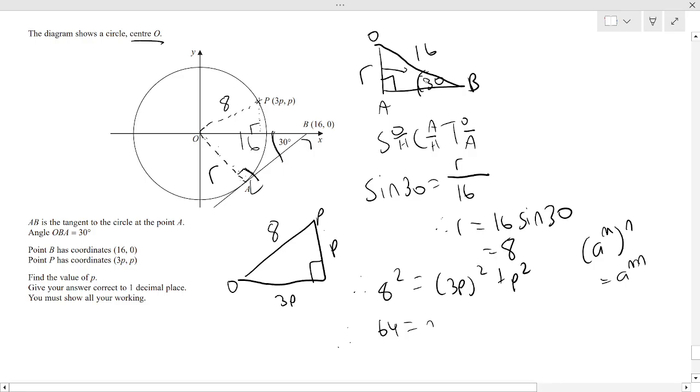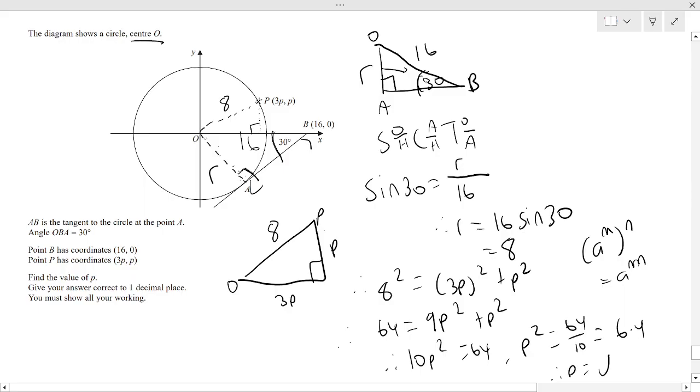So 3 squared p squared, which will be 9p squared, right? Add p squared. So therefore 10p squared is 64. Now we've got an equation for p. Great. So then p squared is 64 over 10, which is 6.4. So therefore p is root 6.4.